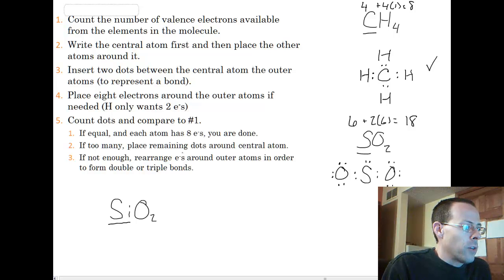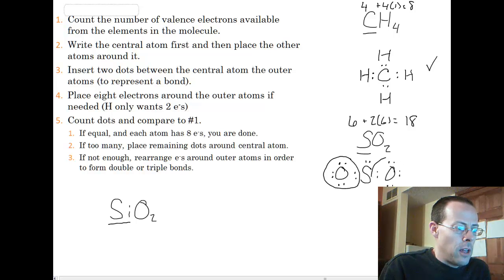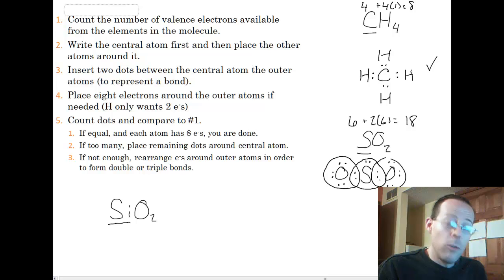So if there's not enough, we're going to rearrange our electrons around our outer atoms in order to form double or triple bonds. So simply what that means is we've used 18 dots, but this oxygen on the right has 8 dots around it. This oxygen, I'll just draw circles, has 8, but this S in the middle only has 6. So what we're going to do is we can move dots.